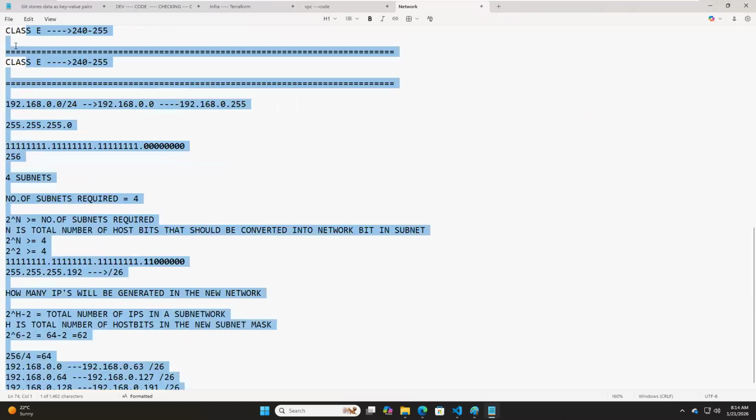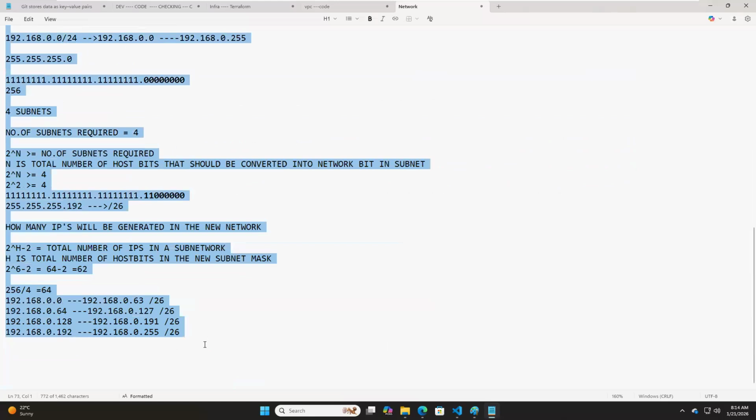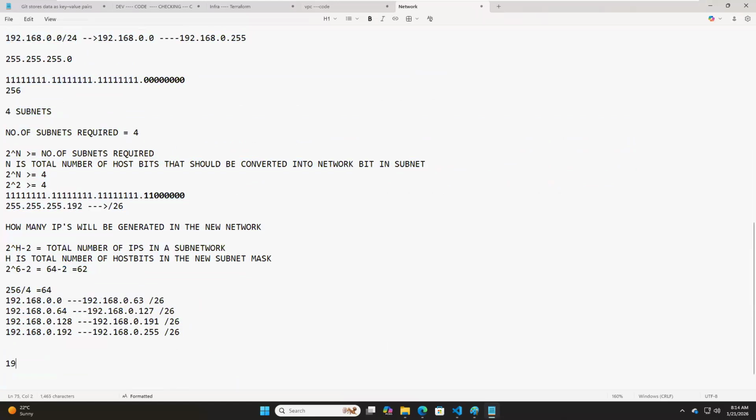For example, please note it down: 192.168.0.0/16. If I have to say 192.168.0.0/16, how can you provide that? That is what classless means. 192 belongs to class C and the /16 value belongs to class B, no problem. So that is what classless means.